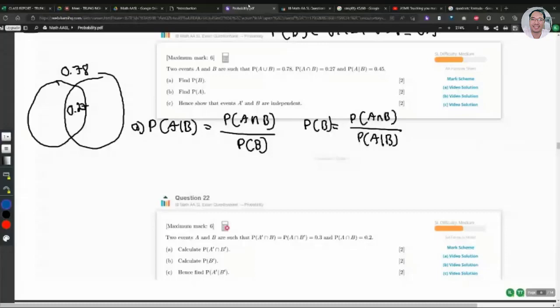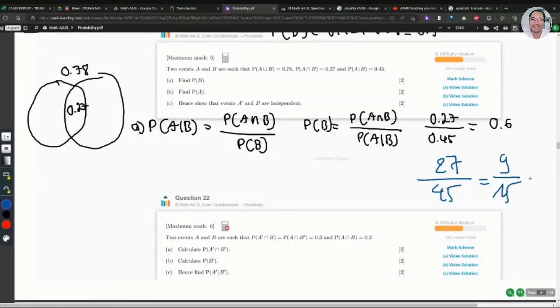So A and B divided by, A given B. 27 divided by 45. We can divide by 3 to simplify the fraction. 27 over 45 divided by 3 is 9 over 15, divided by 3 again, 3 over 5. Yeah, what a beautiful number.